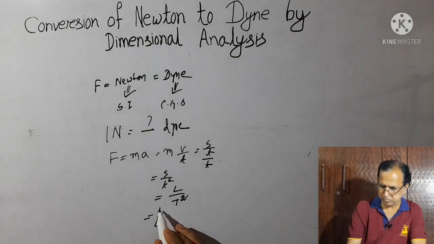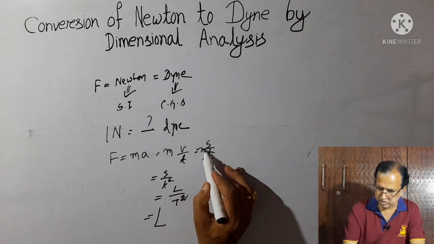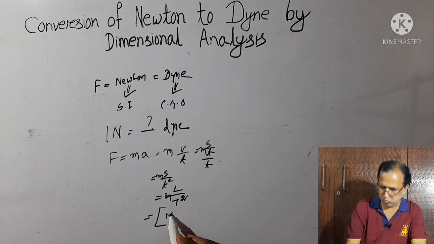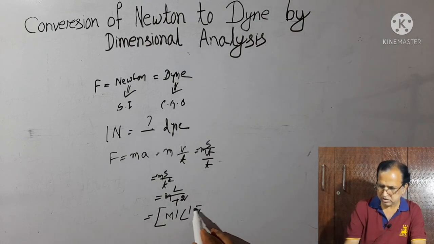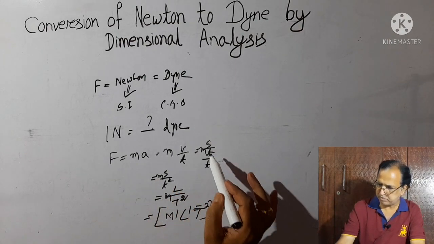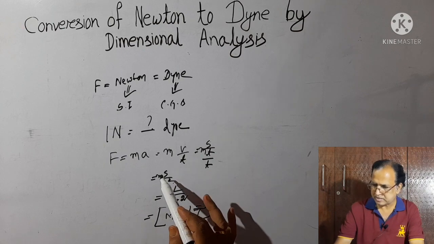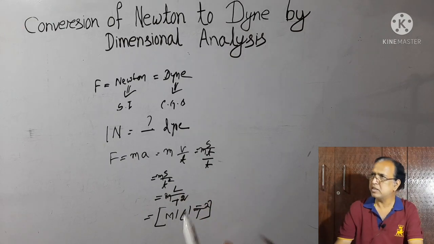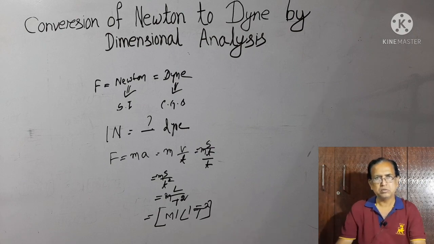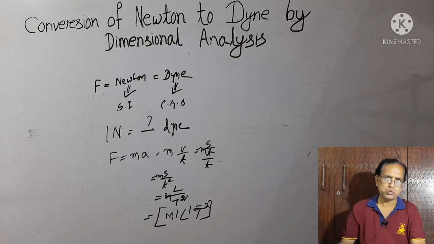So F is m L by t square. The dimensional formula of force is M1 L1 T minus 2. So the dimensions are 1, 1, minus 2: 1 for mass, 1 for length, minus 2 for time.